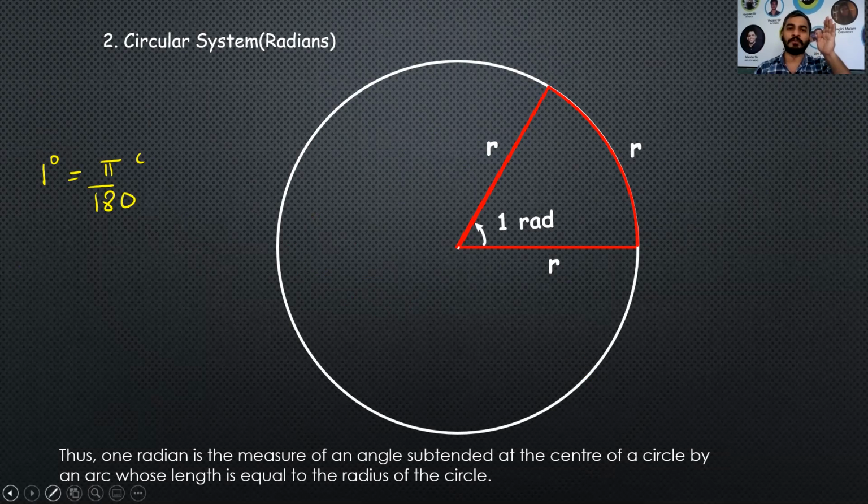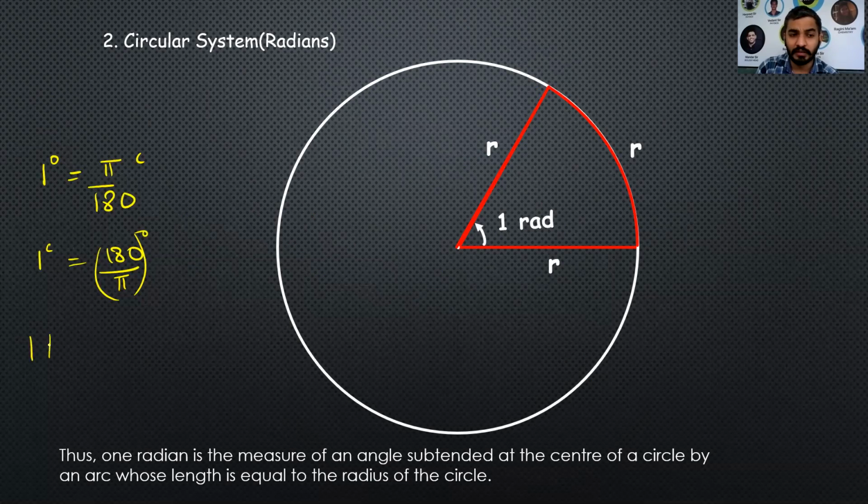So to convert a degree measurement into radian measurement, we multiply by pi by 180. 1 radian is equal to 180 by pi degrees. So to convert radian to degree, you multiply by 180 by pi. 1 radian is written as 1 with a superscript c, like we write 1 degree with a superscript 0. Same way we write 1 radian.